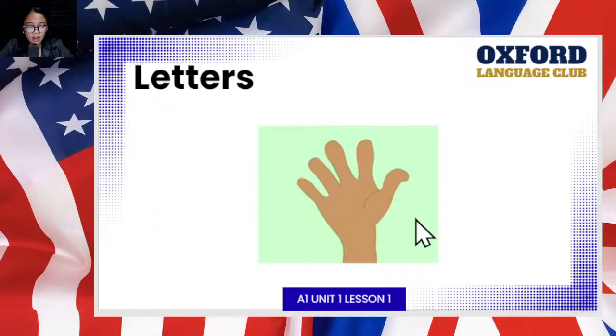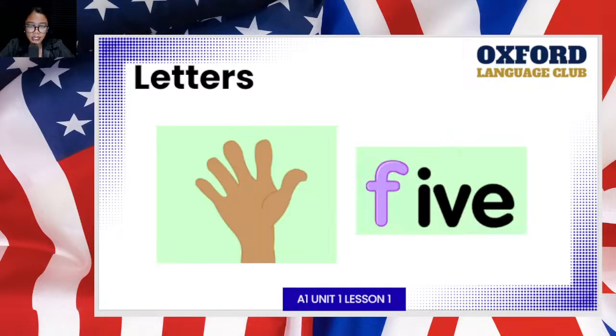Next, last one. There's a hand there, but how many fingers is the hand showing? Let me count. One, two, three, four, and five. So there are five fingers here.